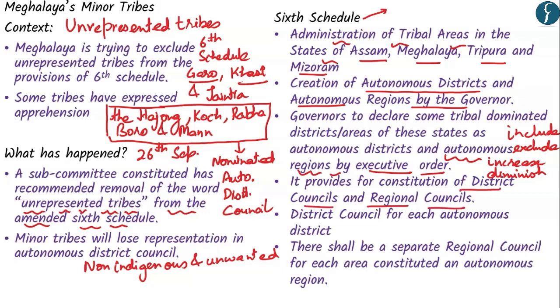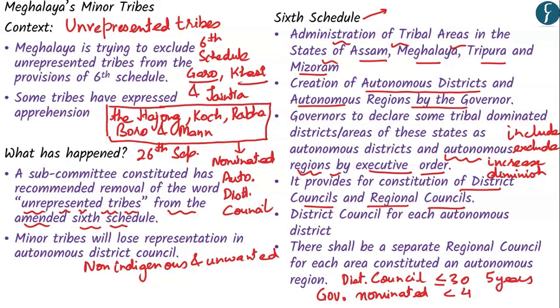There shall be a district council for each autonomous district consisting of not more than 30 members, of whom not more than 4 members shall be nominated by the governor, and the rest shall be elected on the basis of adult suffrage. The elected members of the district council shall hold office for 5 years.